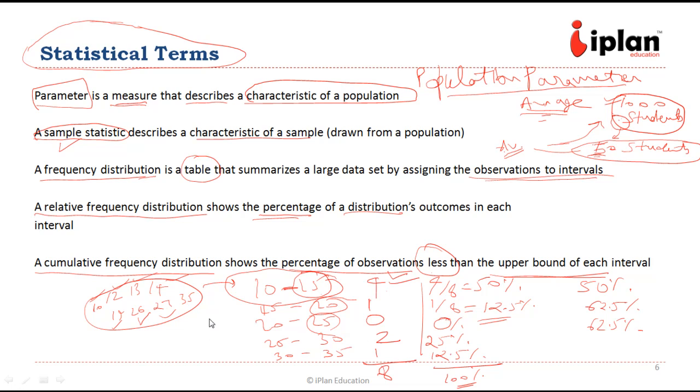Less than 30 will be 87.5%, and so on. So these numbers are cumulative. They are sum of the previous values. 50, 50 plus 12.5, 62.5 plus 0, 62.5 plus 25, 87.5. This is how we are calculating. We will take one more example to clarify this further.